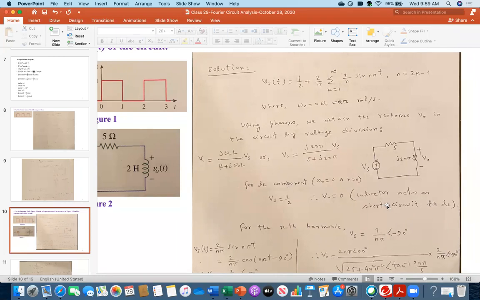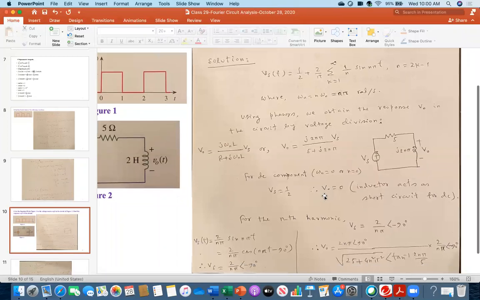So either way you go, you think that this is an inductor, for DC it is short, for half voltage it is short, so that is also 0. Or in the equation, you assume that your n value is 0, because this n is for the fundamental component or higher order components. Therefore you got V naught is 0.